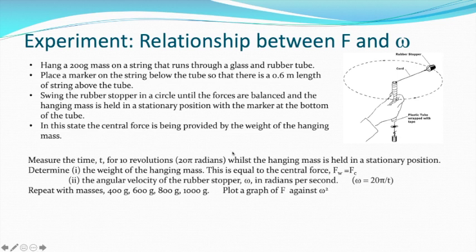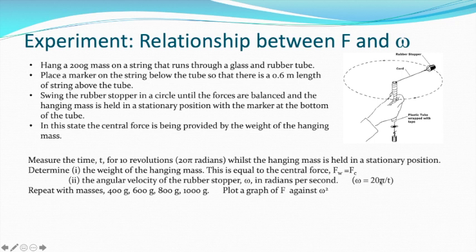And then what we're going to do is, if we know what the central force is, we just calculate the weight, W equals mg, so for a 200 gram mass that will be 1.96 newtons. For each weight we're going to measure the angular velocity. We'll do that by timing how long it takes for 10 revolutions. 10 revolutions is 20 pi radians, 2 pi radians in a revolution. And we will time 10 revolutions. From that we can work out the angular velocity in radians per second.